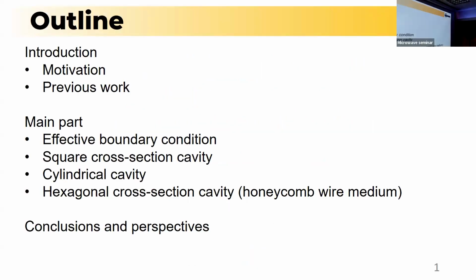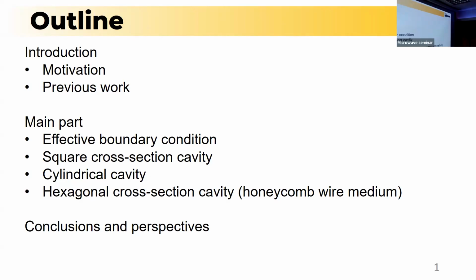So the outline of this talk is the following. First, an introductory part, including a motivation and some previous works about this line of research. Then the main part focuses on the strategy that we are proposing, including an effective boundary condition for our wire media cavities.